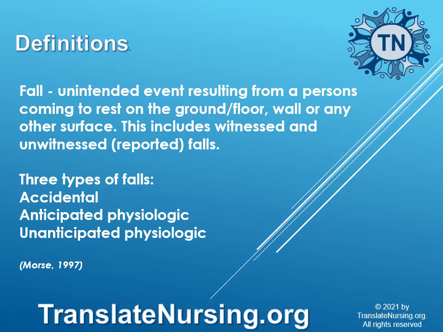Anticipated physiological falls that are derived from intrinsic psychological factors such as confusion and agitation. And unanticipated physiologic falls, which are derived from unexpected intrinsic events such as a new onset syncopal event or major intrinsic events such as stroke.